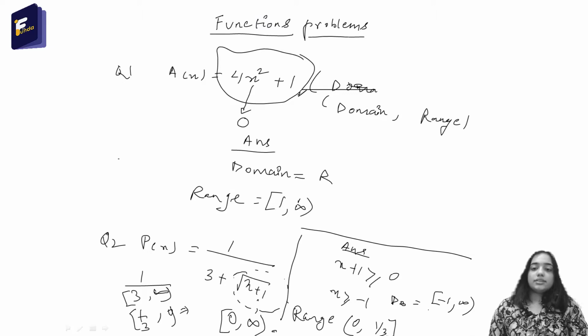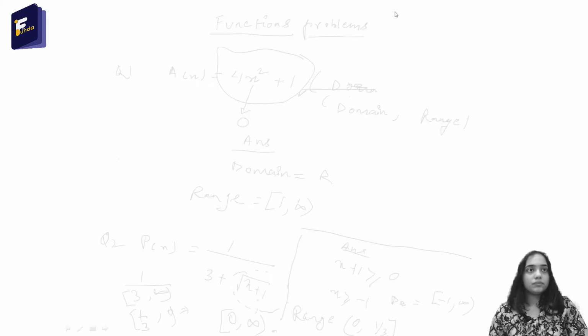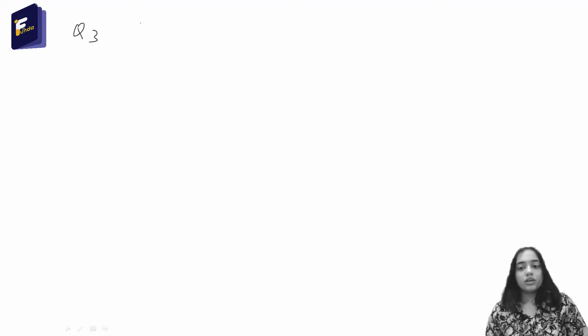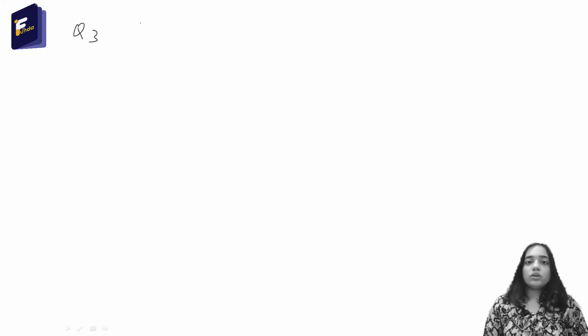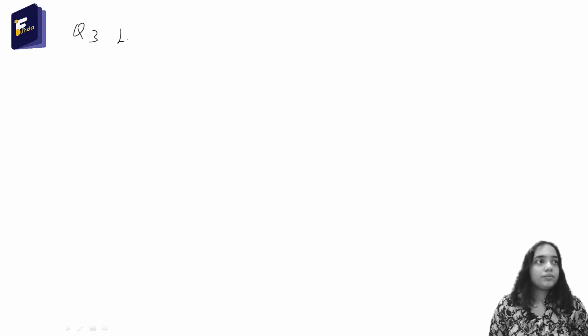So let us now move to the next question. This is question number 3. I have already told you about composition of functions, so here is a question related to that.